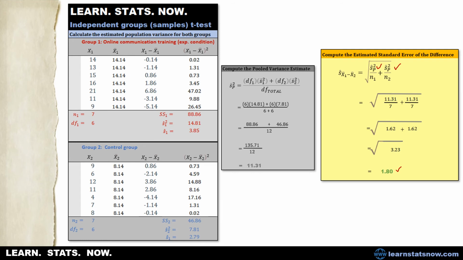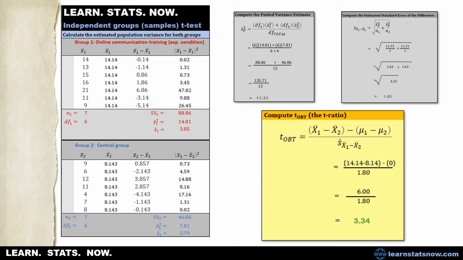Okay, so we're going to then, in the t-ratio, compare how much the sample means actually varied from one another to how much we expect them to vary from one another on average to see if the variation is more than we would expect. Okay, so the estimated standard error of the difference tells us the average amount we expect the means from the two groups to vary from one another simply due to sampling error.